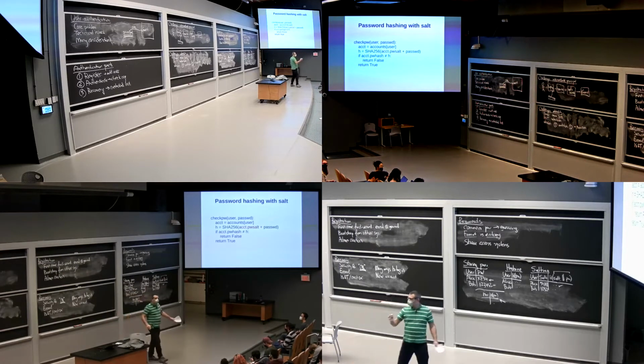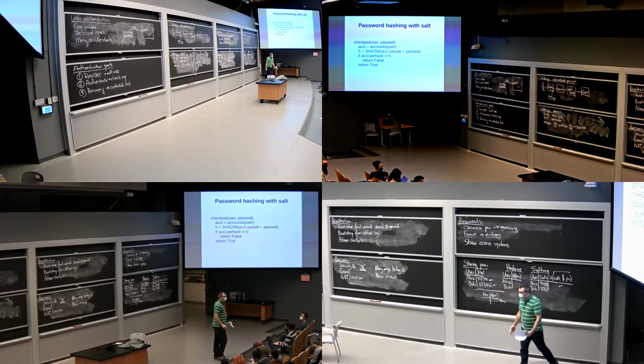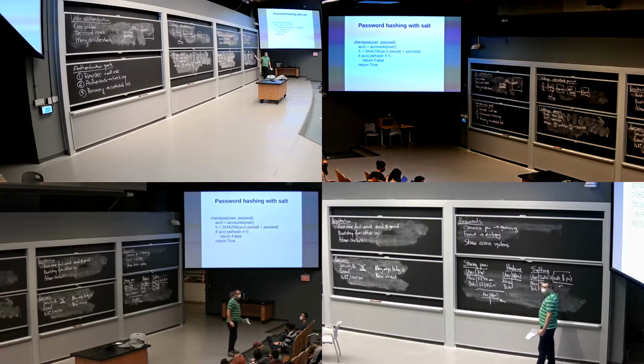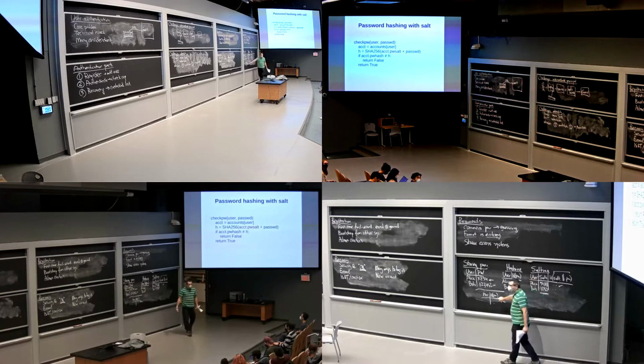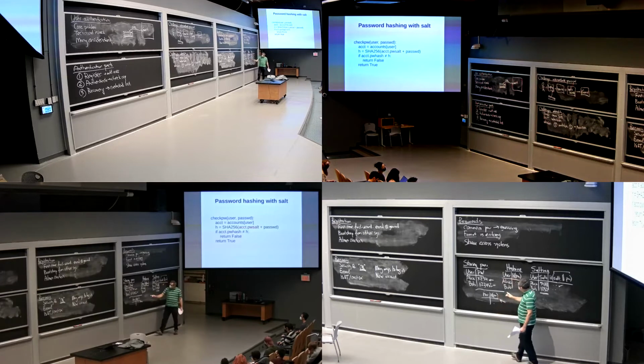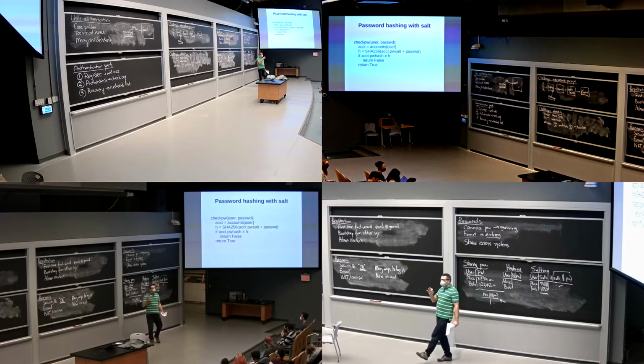Okay, so the question is, we're storing the salt right here, so if this database gets leaked, the bad guy could try to brute force these hashes. Absolutely, you're right. The database has all the information needed to check if a user's password is correct, and by definition, you could brute force that. I think the point of the salt is that it prevents the pre-computation of this kind of table.